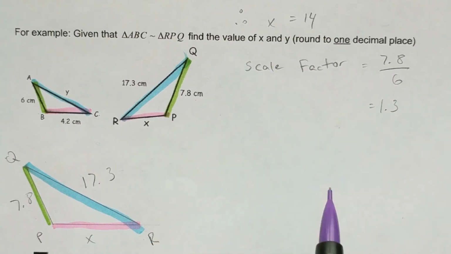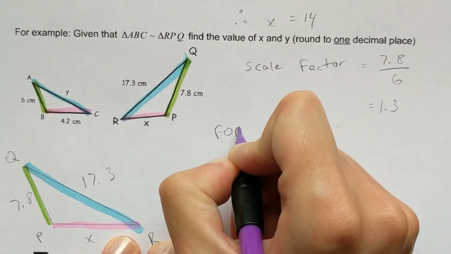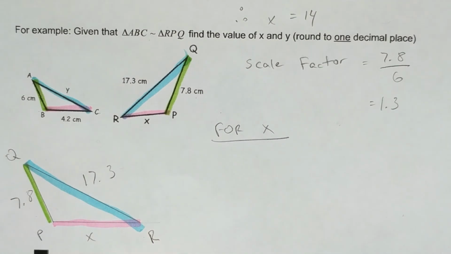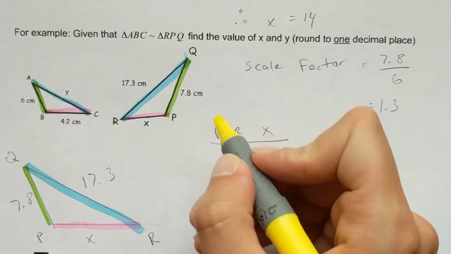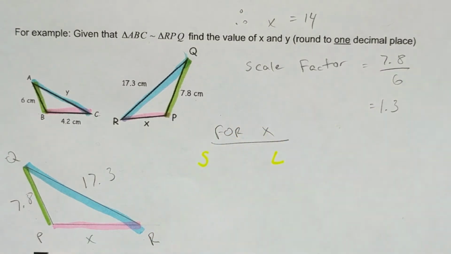First, we're going to solve for x. In order to solve for x, x is on the large triangle, so that means that we need to start from the small triangle. So I'm going to go from my small triangle to my large triangle, small to large.